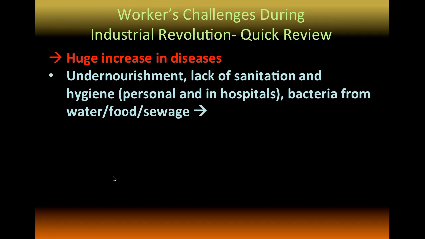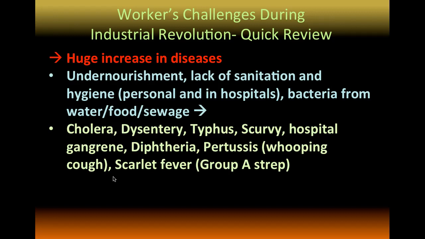Plus bacteria grew in the water and food, and due to the sewage systems, there wasn't refrigeration, things like that. And these bacteria led to horrible diseases. Just to name a few: cholera, dysentery, typhus, scurvy, hospital gangrene, meaning you go into the hospital for something and you have a little infection, and because the hospitals were dirty, people got gangrene and then had to have limbs removed.